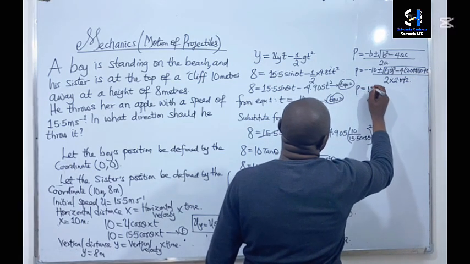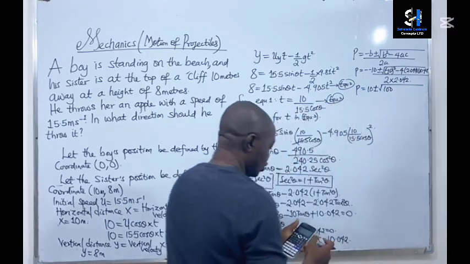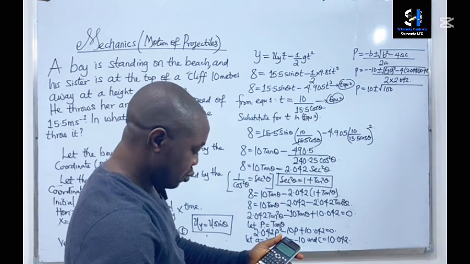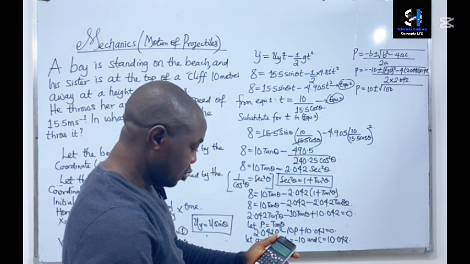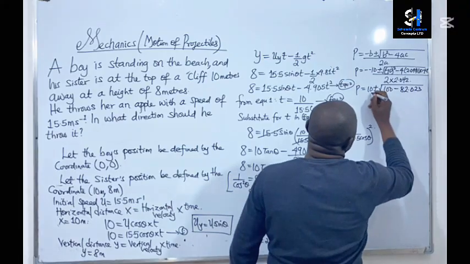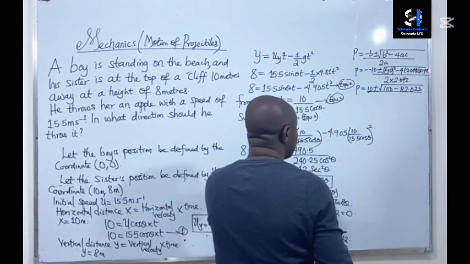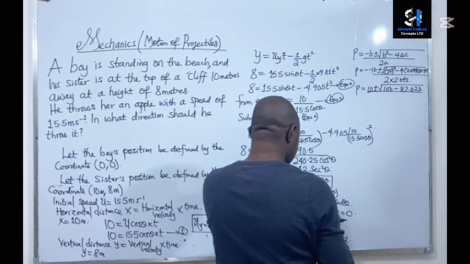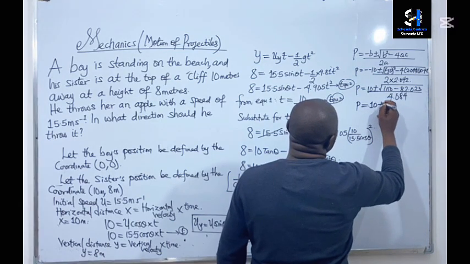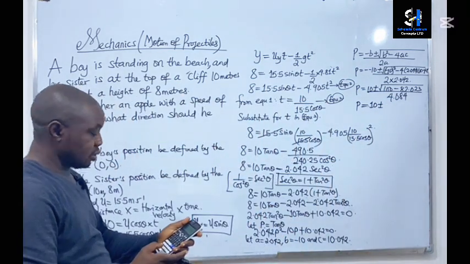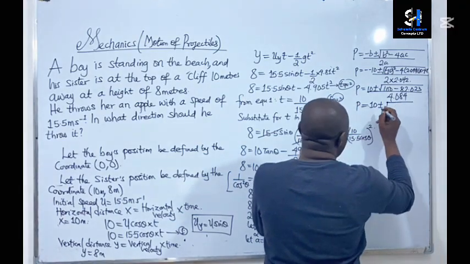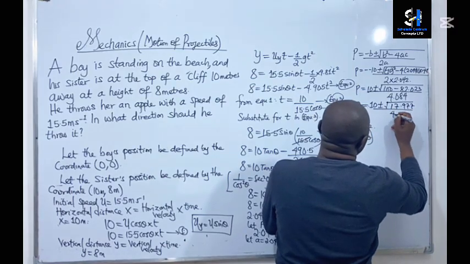So P equals 10 plus or minus the square root of 100 minus 4 times 2.042 times 10.042, which is 82.023, all divided by 2 times 2.042, that is 4.084. So P equals 10 plus or minus the square root of 100 minus 82.023, which is the square root of 17.977, divided by 4.084.